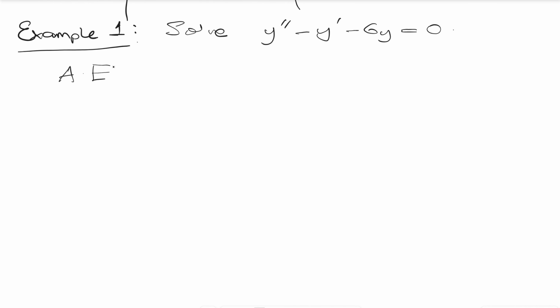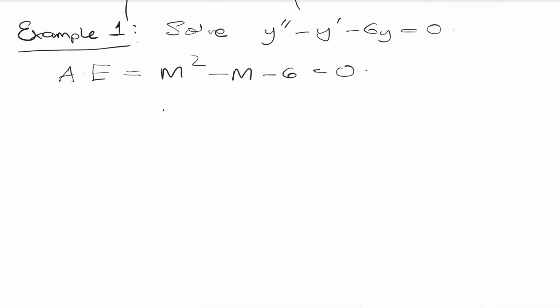Example 1. Solve. Solution: the auxiliary equation AE will be m square minus m minus 6 is equal to 0. So I need to find the roots.